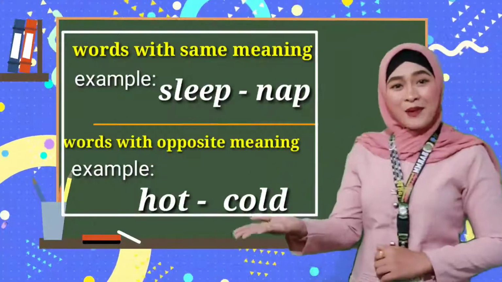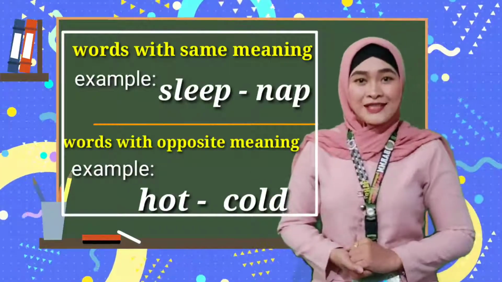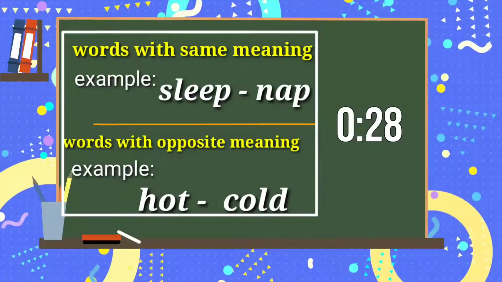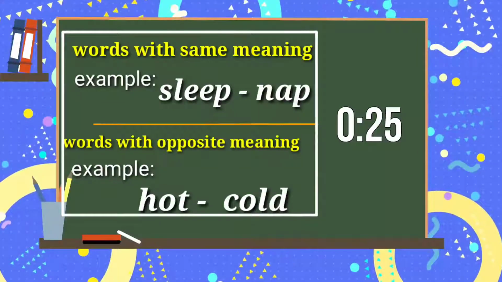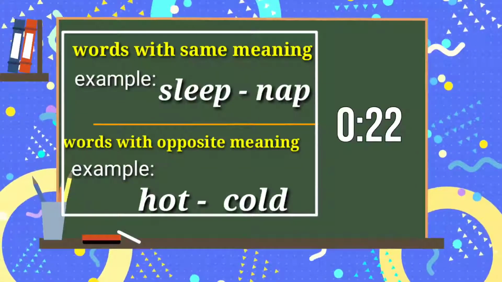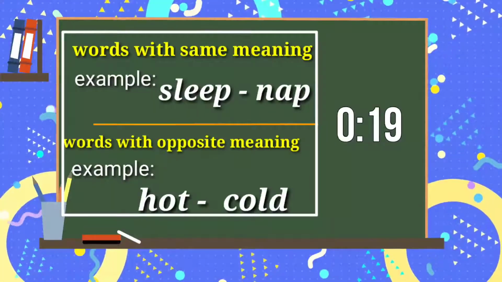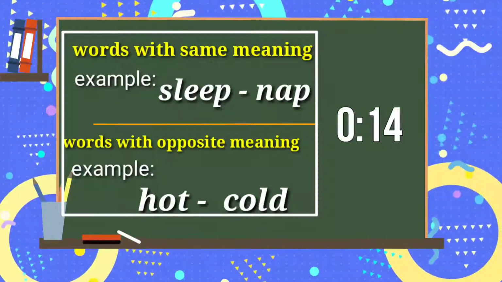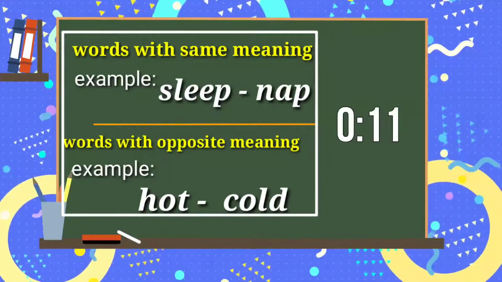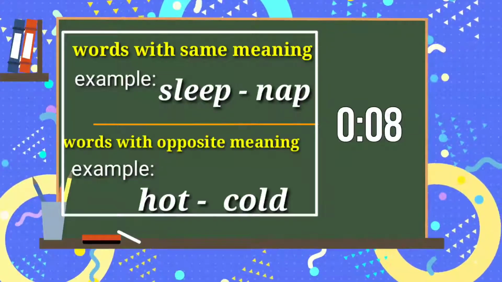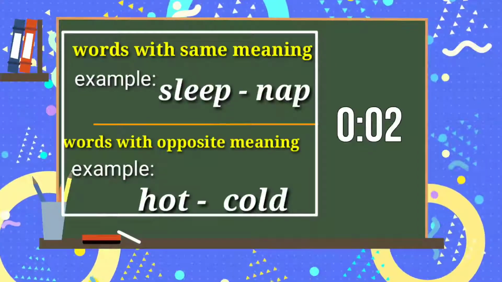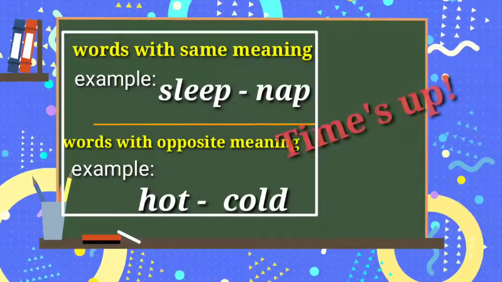Look at the given example on the table, and I will give you 30 seconds to write down your answers on your pad paper. Thank you, pupils, for trying your best.